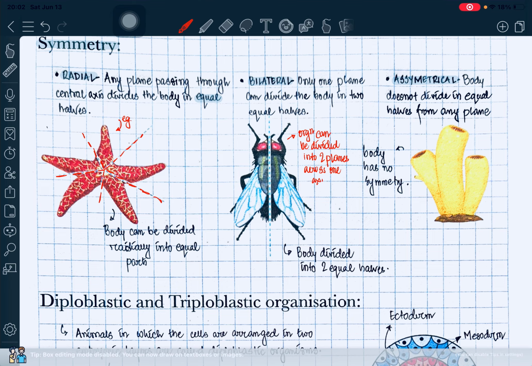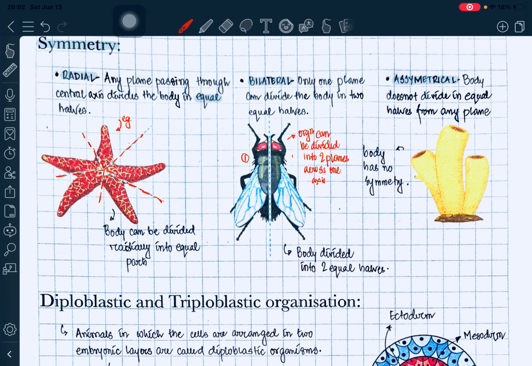In case of radial symmetry, we had multiple axes. In case of bilateral symmetry, we have only one axis that divides the complete organism into two equal halves, as you can see in this diagram of a housefly.